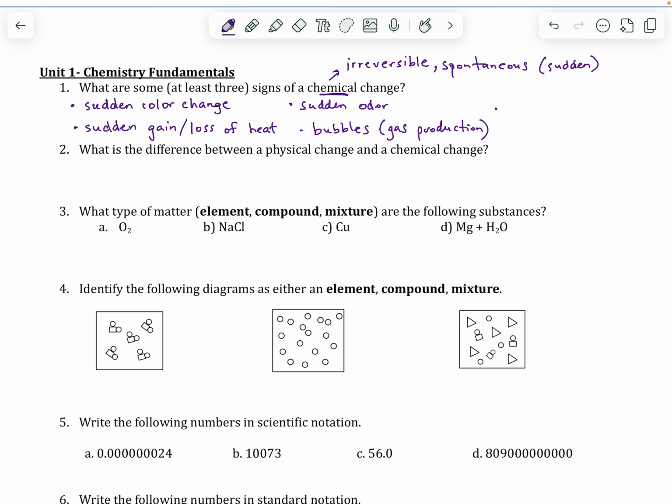And then we can also just say the ability to have a precipitate, or, and I'll just say slash solid form. Like if we mix 2 aqueous solutions and all of a sudden we get a solid that is also a different color or something like that, that would constitute a chemical change there as well.